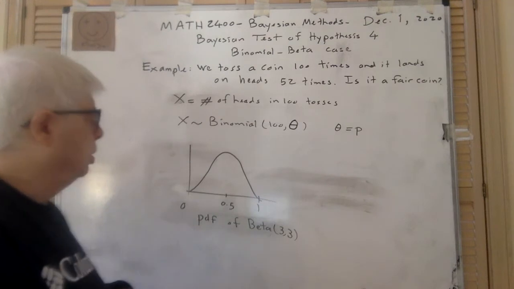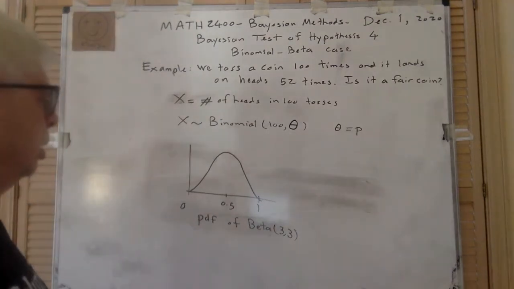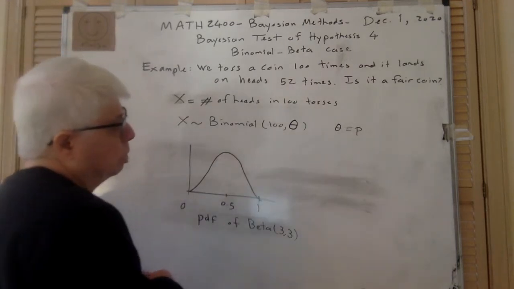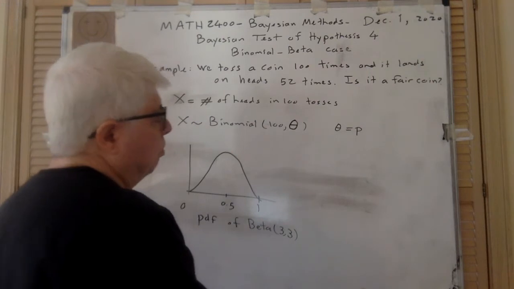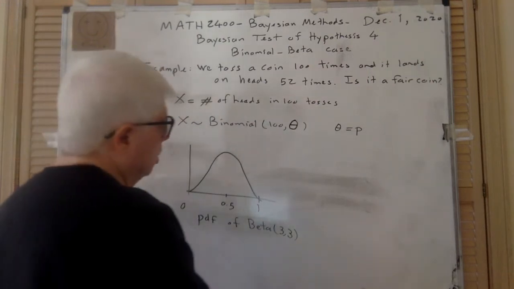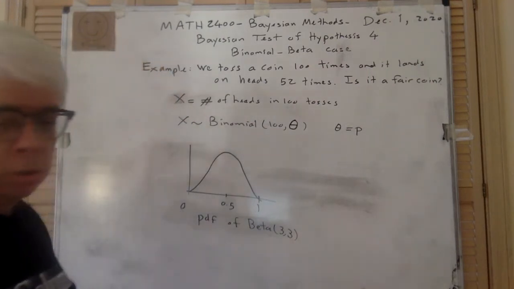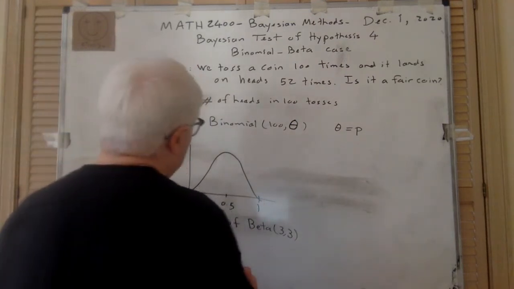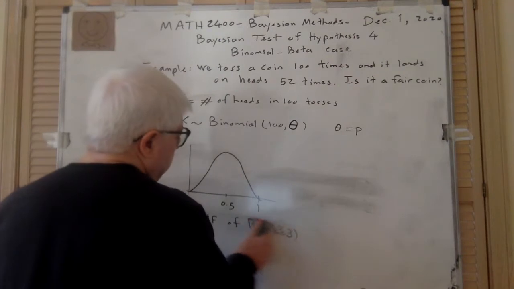Okay, so I chose this for theta, in fact. And since it's between 0 and 1, it makes sense because theta takes values between 0 and 1. And that's probability. So it is a number between 0 and 1. So let me continue.